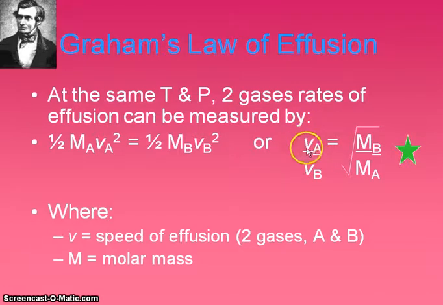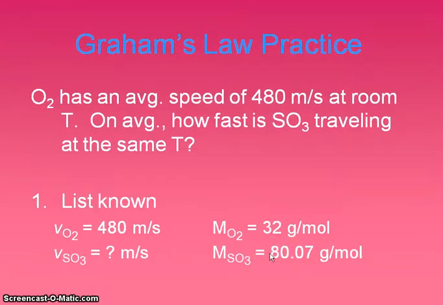So we're going to take the speed of one gas over the speed of another is equal to the square root of the molar mass of the second gas divided by the molar mass of the first gas. So in this problem, it says oxygen has an average speed of 480 meters per second at room temperature. On average, how fast is SO3 traveling at the same temperature?